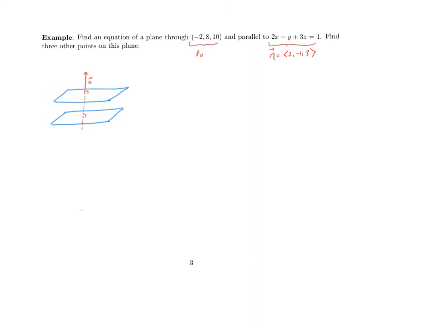So let me go ahead and just make a few notes here so that we're all on the same page. If two planes are parallel, their normal vectors have the same direction.